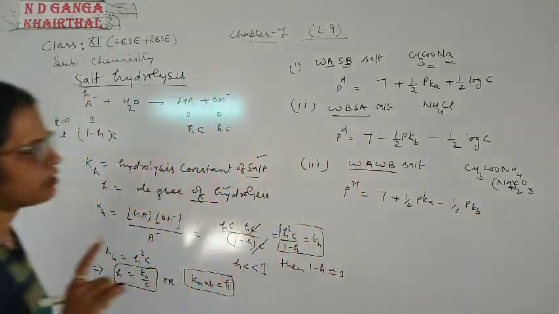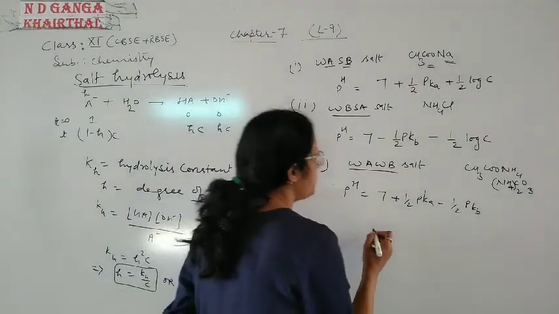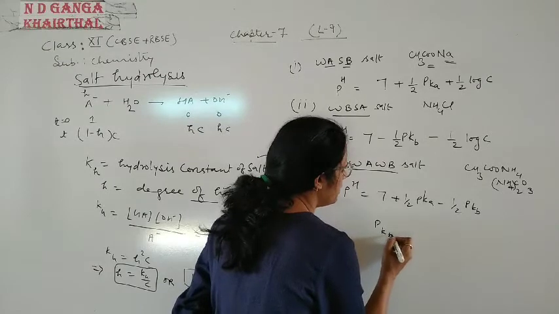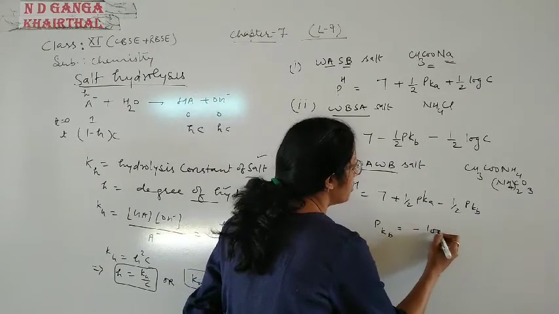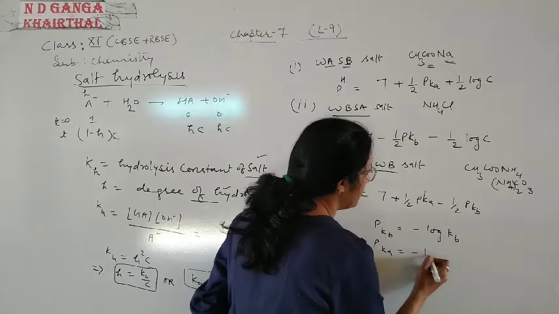So these are the formulas. We know what pKa and pKb are. pKb is minus log Kb. pKa is minus log Ka.